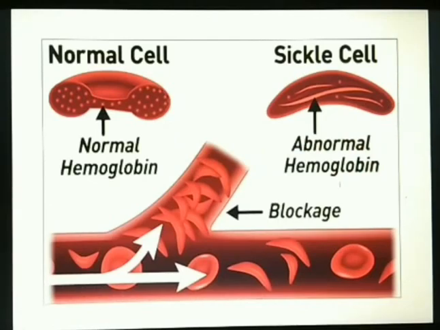The abnormal hemoglobin, due to the strands that are formed inside them and due to its shape, blocks and forms clots in the blood vessels. Therefore, it obstructs the way of the blood in the blood vessels. So there is no free flow of these RBCs in the vessels here.